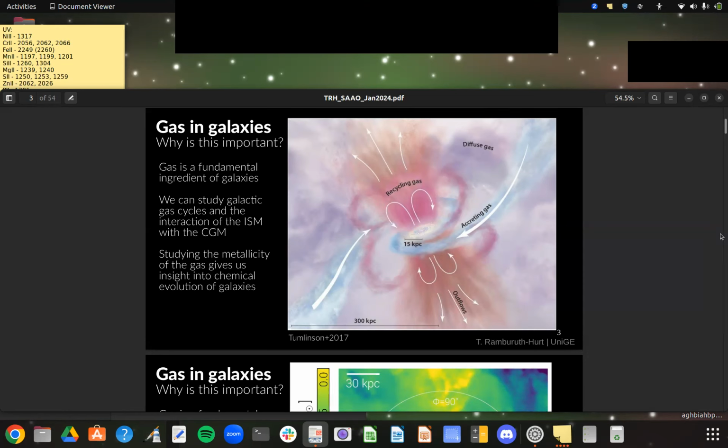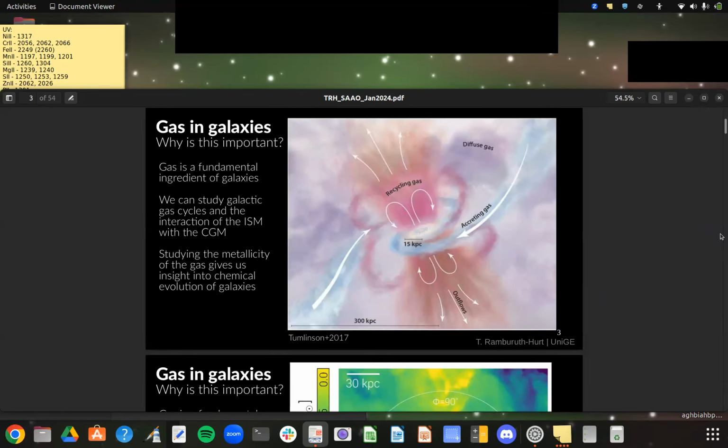You can see in the middle there, the galaxy is quite small compared to the gaseous environment. We have accreting gas onto the galaxy from outside, gas being recycled, and gas outflowing from the galaxy. And all of this sits within a diffuse gas medium.